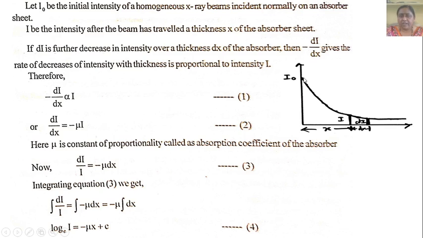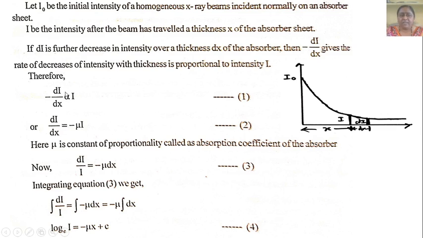If dI is the further decrease in intensity over a thickness dx, then minus dI upon dx gives the rate of decrease of intensity with thickness, which is proportional to intensity I.